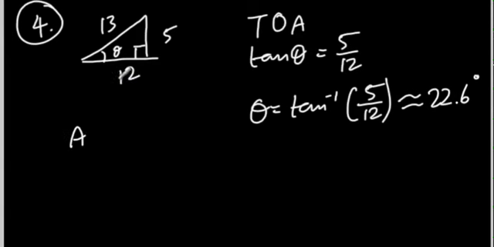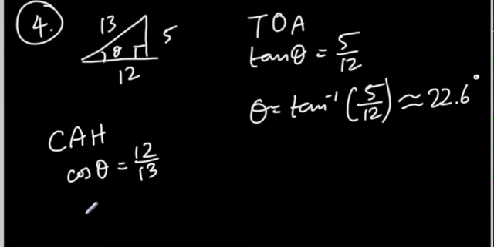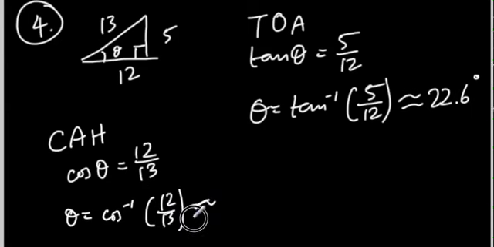But what if you wanted to use 12 and 13? In this case, 12 is the adjacent, and 13 is the hypotenuse, so we could have used CAH. So cos theta would have been 12 over 13. So theta is cos inverse of 12 over 13. And if you plug that in, you will get the same answer, 22.6.